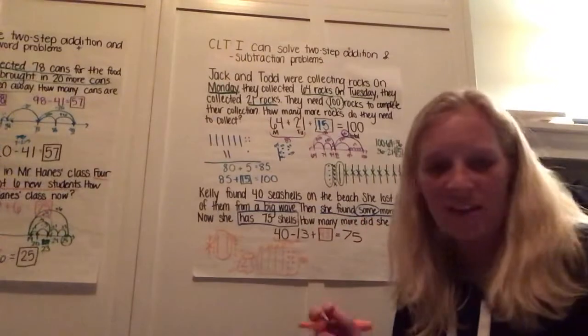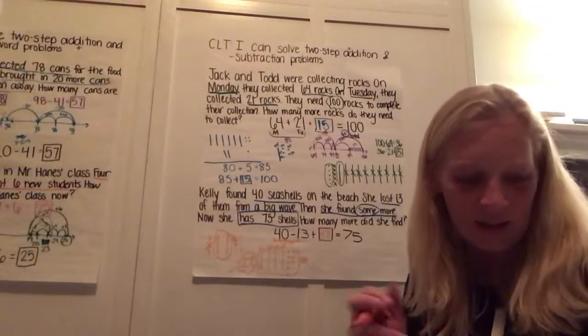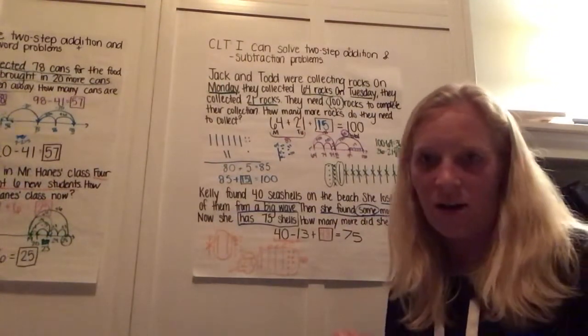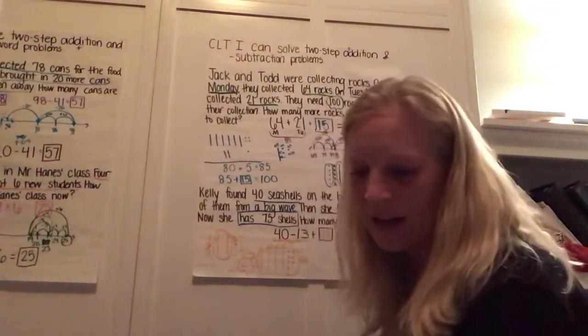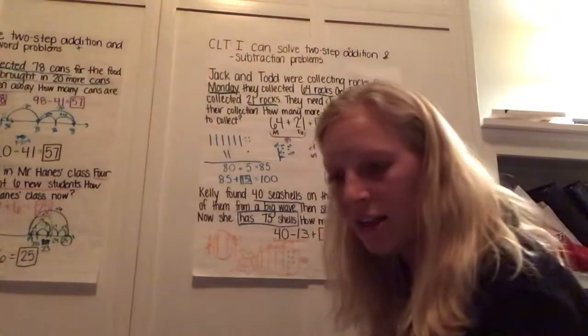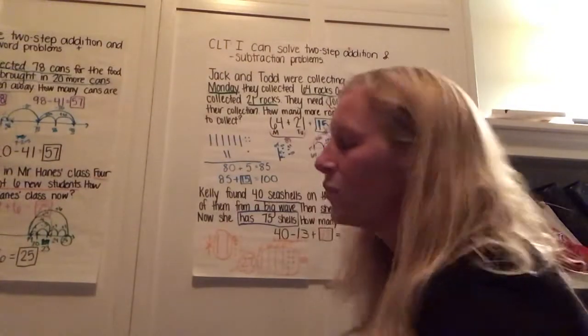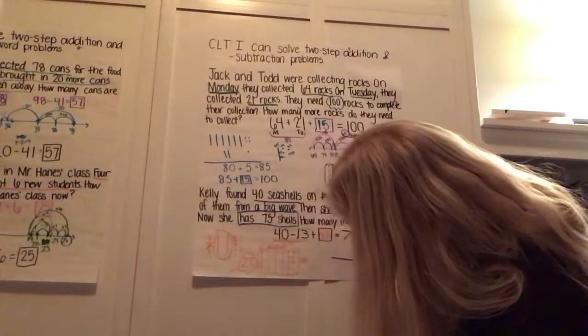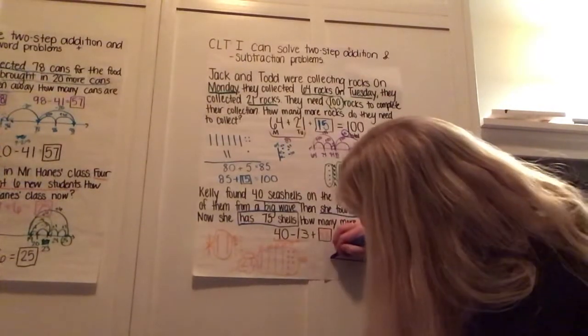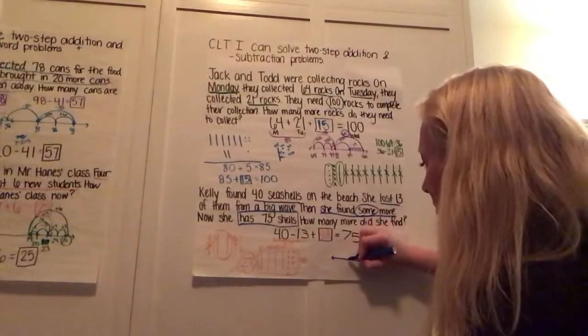Anybody else do something similar to that with those base 10 blocks? Awesome. What did it look like on our number line? Where did you start? Where was that 40 when you started?